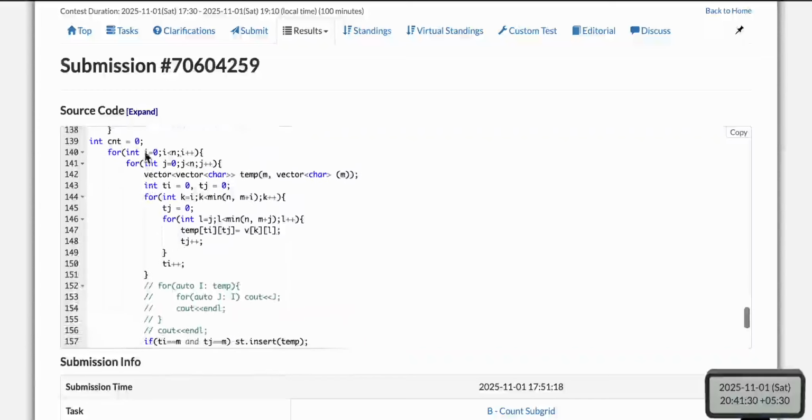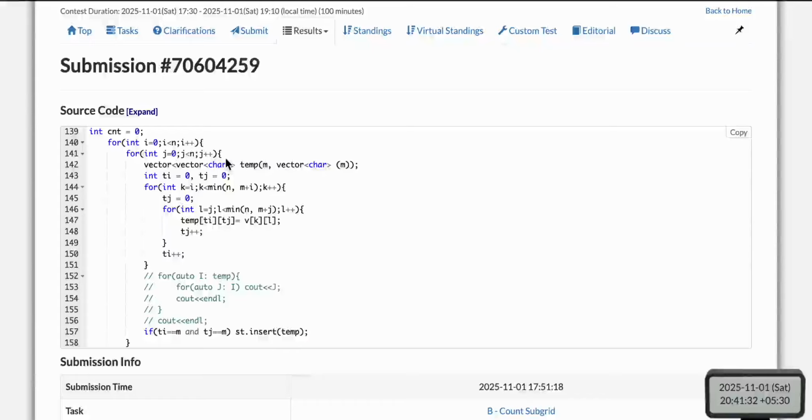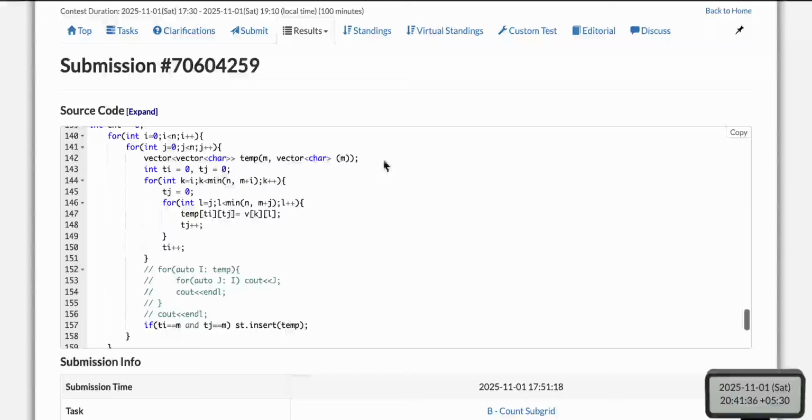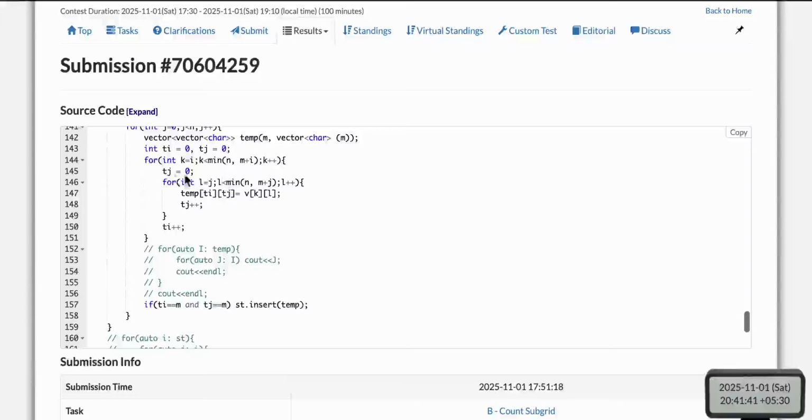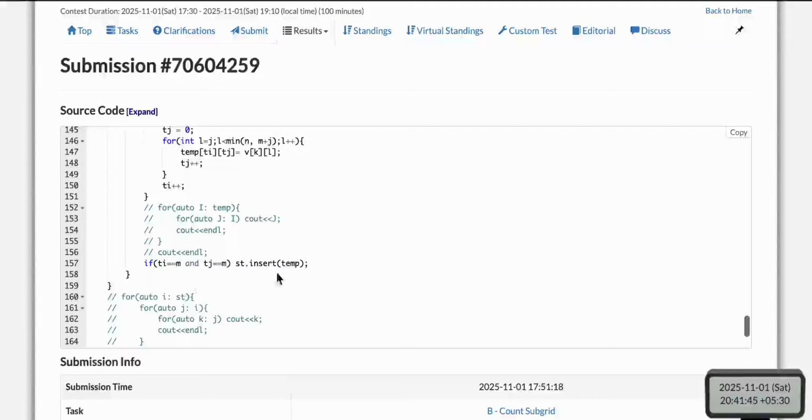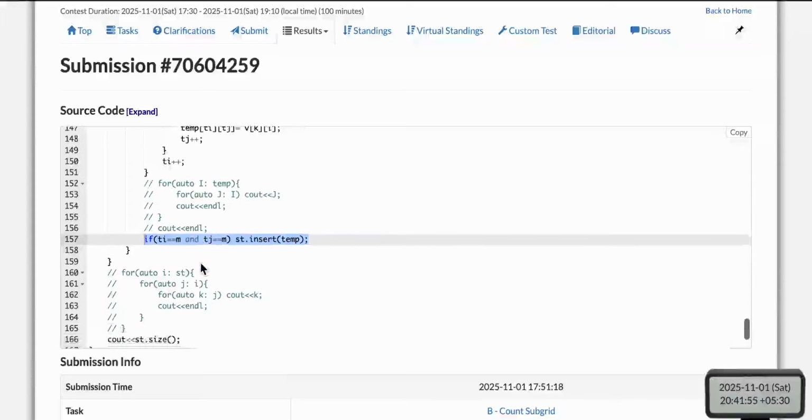I am iterating on the given grid and creating a subgrid of m by m size. Then I am simply inserting that subgrid in my set so that we don't get duplicate subgrids.